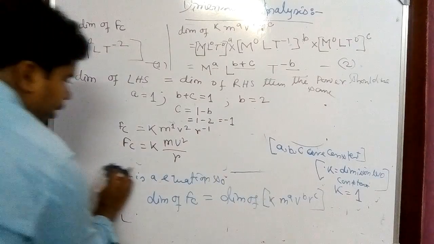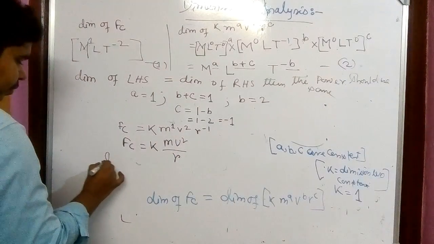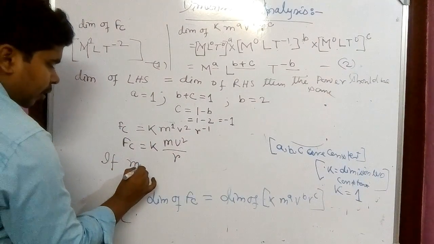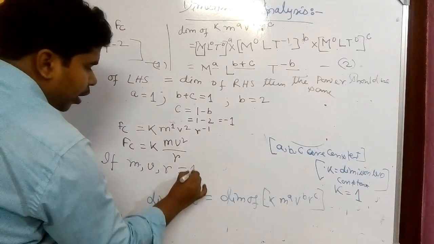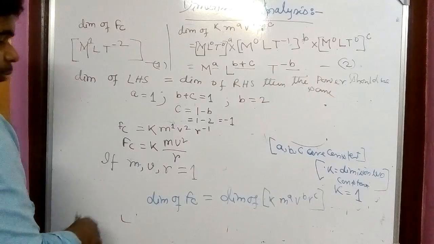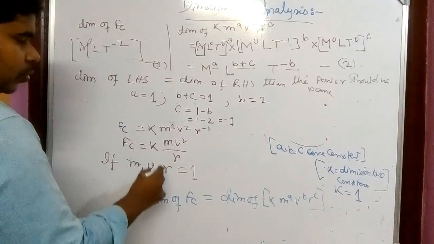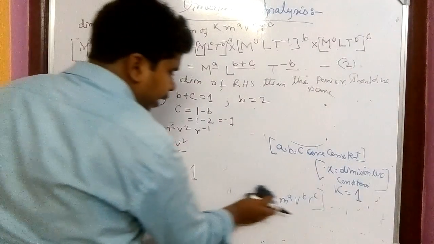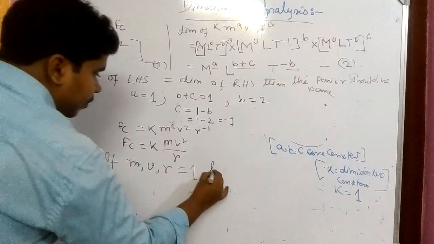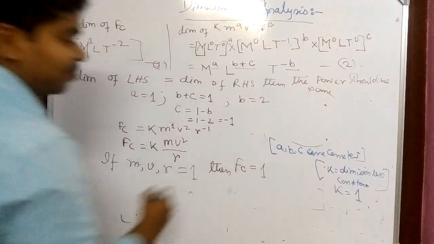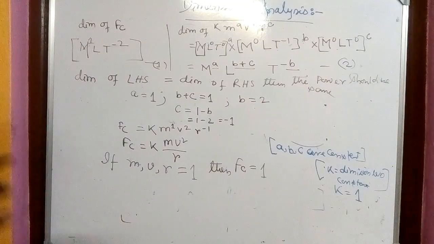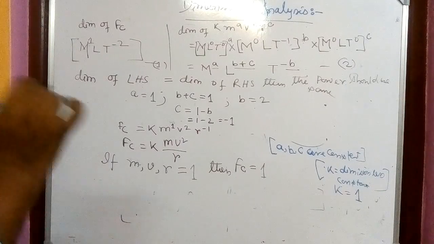And now from here, if m, v, r all are equal to 1, that means m equals 1, v equals 1, r equals 1, then Fc is equal to 1. Means if mass, speed and radius are 1, then your Fc is also 1.